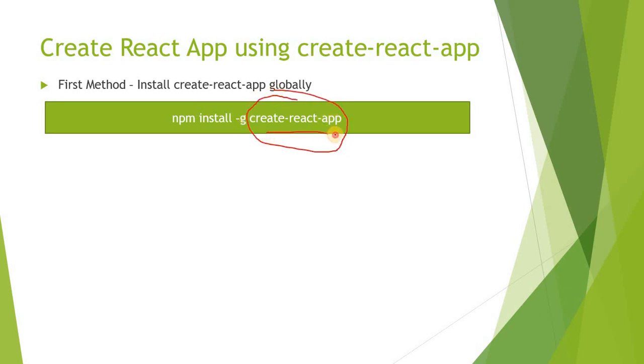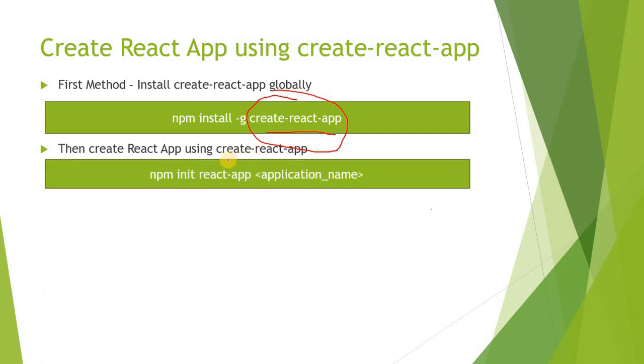After that, with the help of this template, you can create a React application any number of times. You can simply type npm init react-app followed by the application name. First you install this template, and after that you can create your React application.